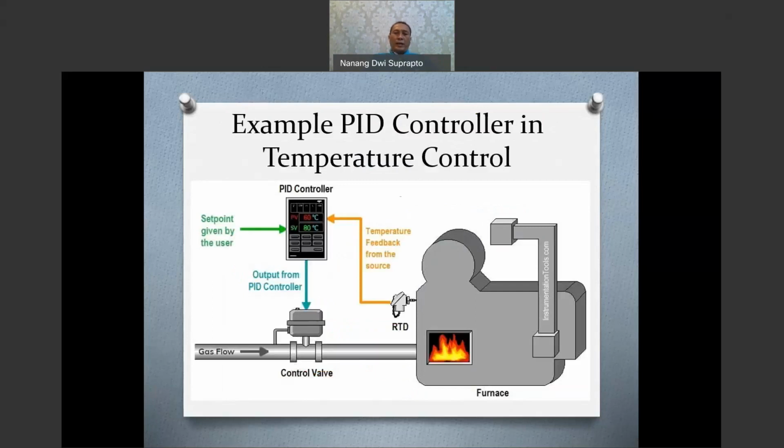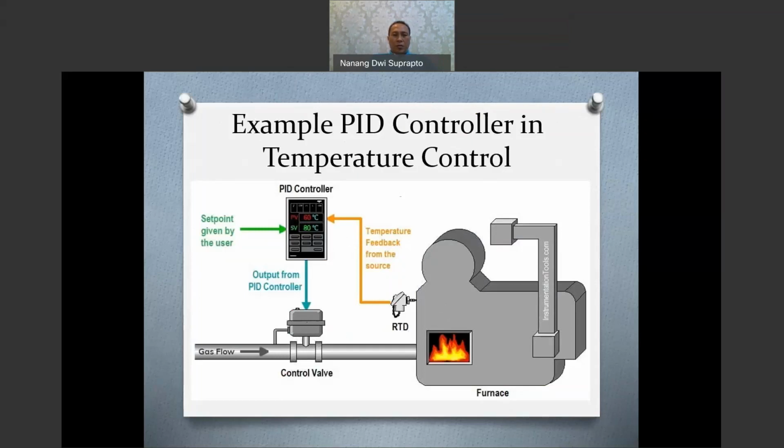Example, PID controller in temperature control. You can see here the PID controller actually controls the temperature in the furnace, and then the output goes to the control valve, so that you can adjust the proportional, the integral, and the time derivative.